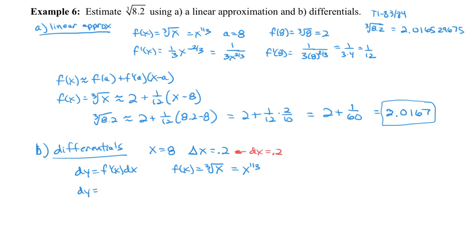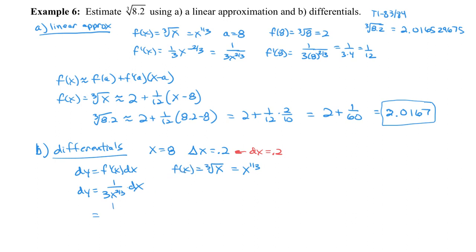So dy equals 1 over 3 times x to the 2/3 times dx. Again, we did these calculations already. So now I plug in 8 for x, and I plug in 0.2 for dx, because remember dx is the same as delta x.